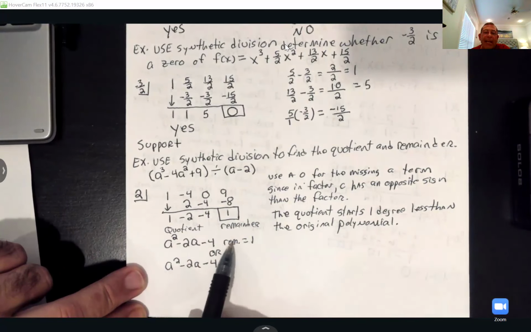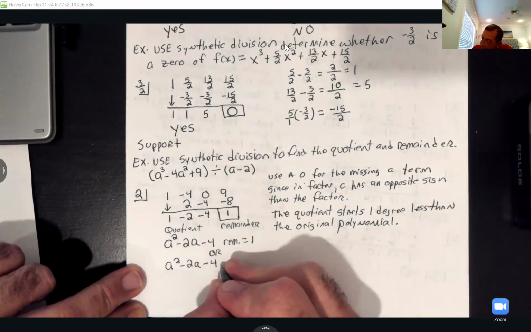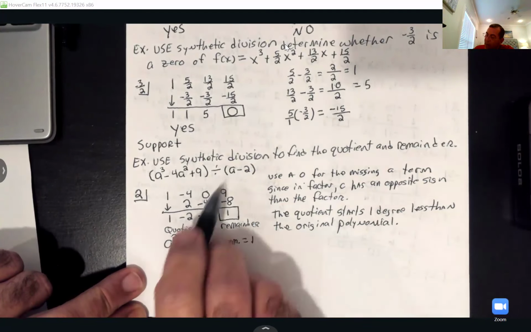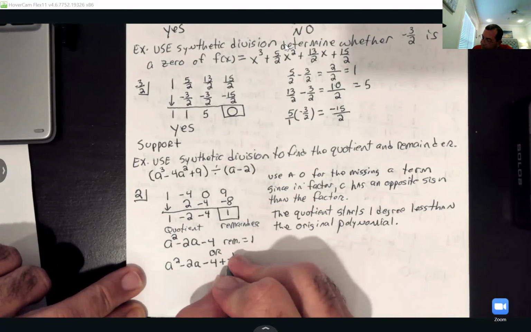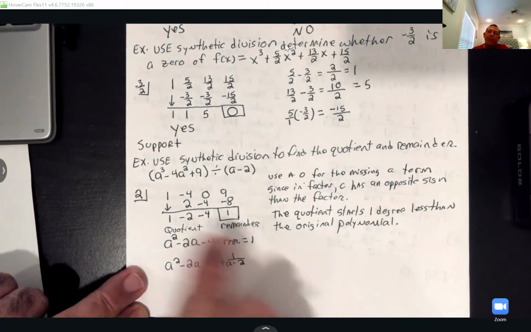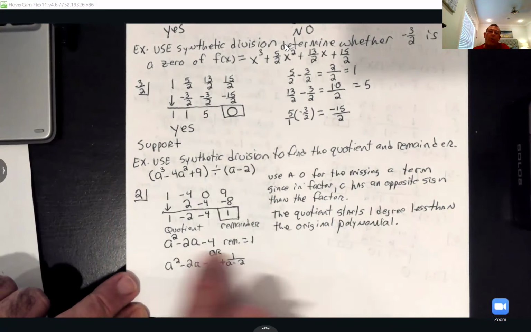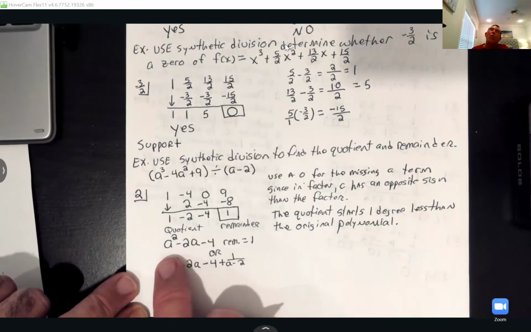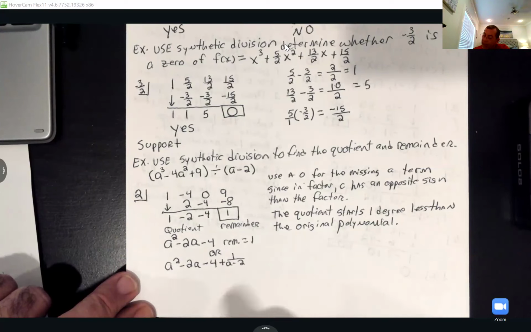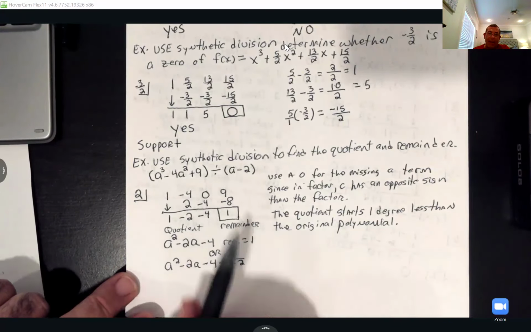But instead of saying remainder equals 1, since this 1's positive, they do plus 1 over the A minus 2. Sort of like long division when you got a remainder and you put it over what you divided by. There'll be one, I think, where you got to do it this way and they give you like an A, B, C, D choice. But all you're doing is putting your remainder over what you divided by, okay?